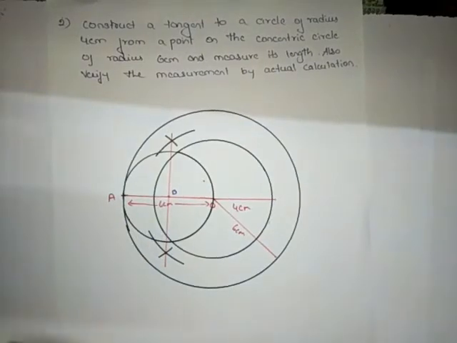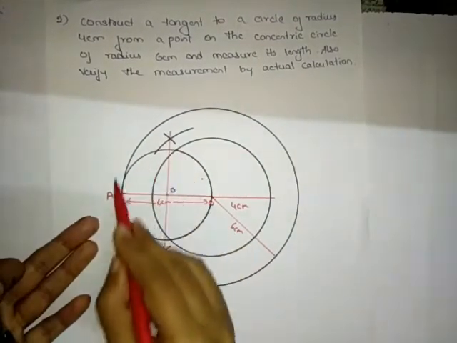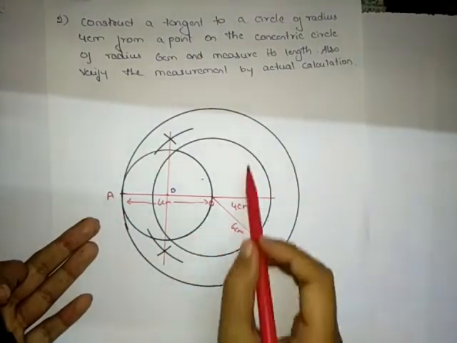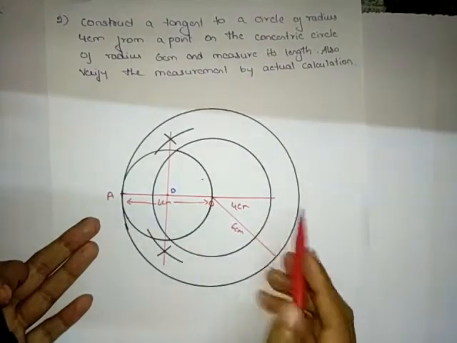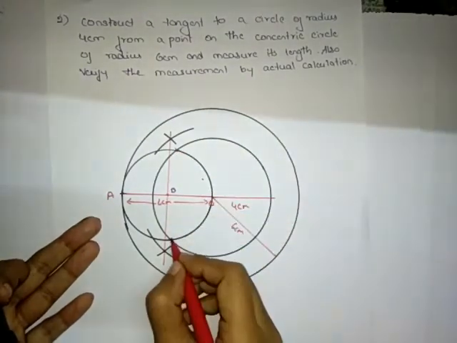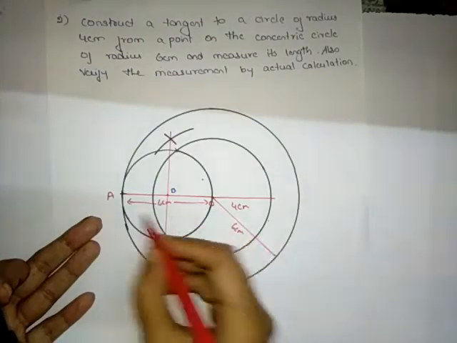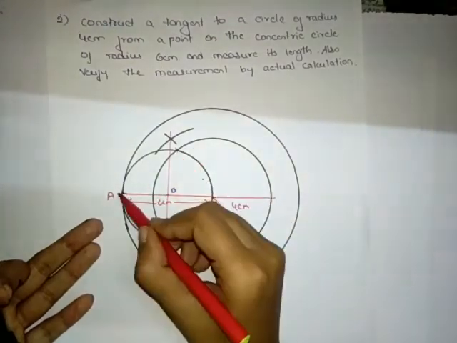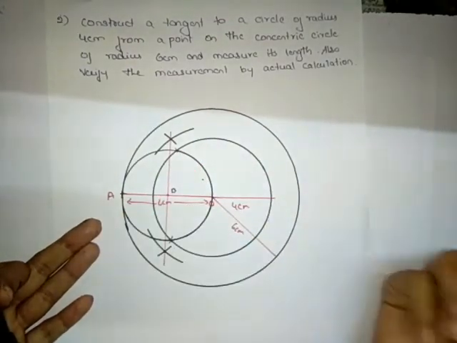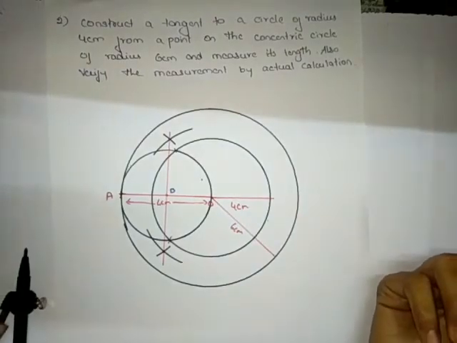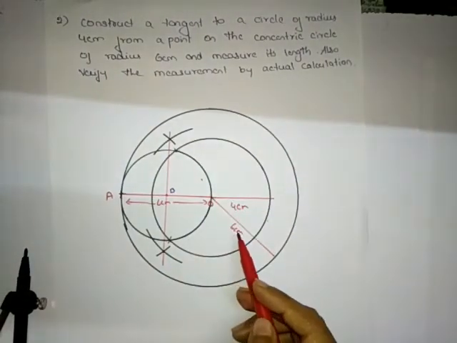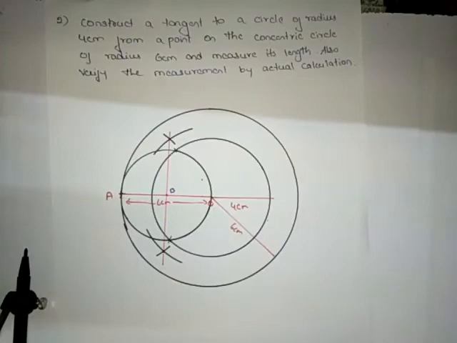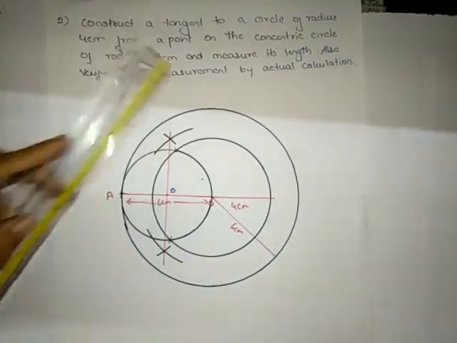Okay, now you can see that this new circle and this original circle are meeting each other at this point, isn't it? So we need to join this point with A and this point with A. Thus we obtained a tangent for the inner circle from the outside circle. We'll join them.